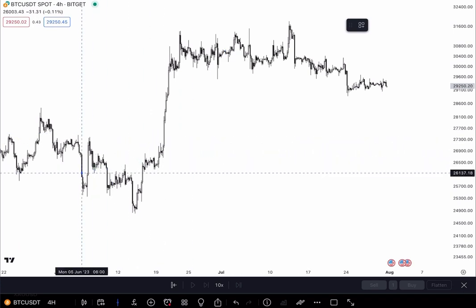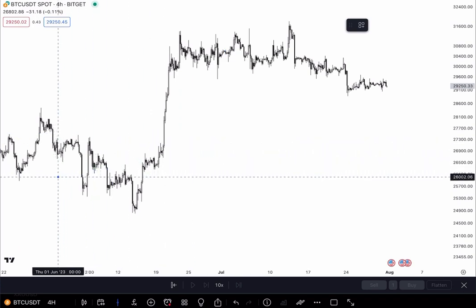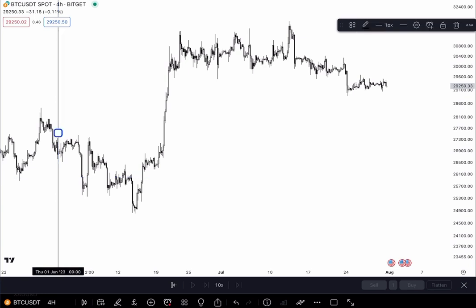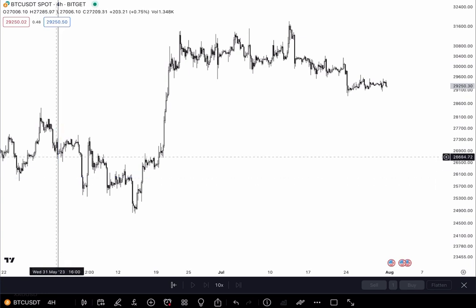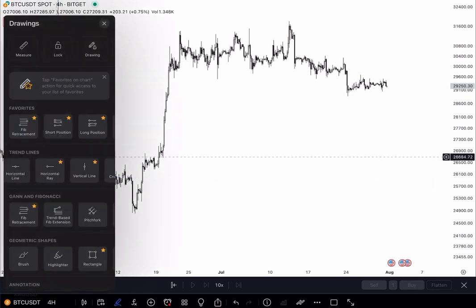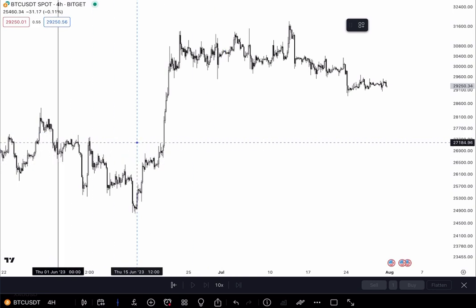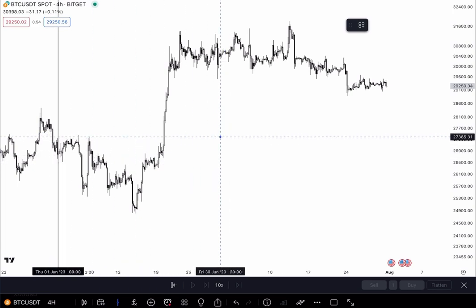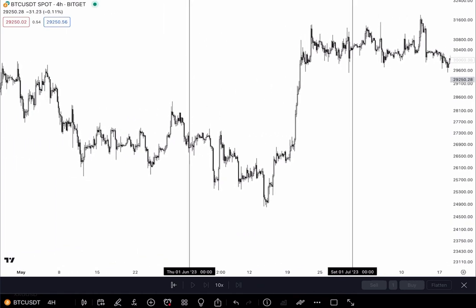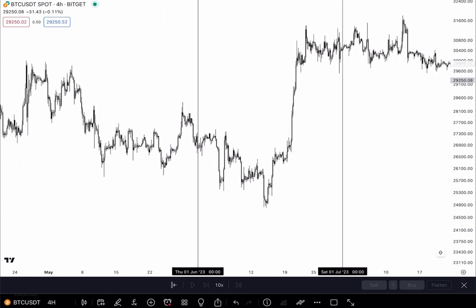Not to stray too much, but in summary, opening price fixed, closing price, opening time fixed, and closing time is fixed, right? The previous candle was a bearish candle in an uptrend. Bearish candles in uptrends are to be engulfed. We've reached a key level, right? So we are at a key level.